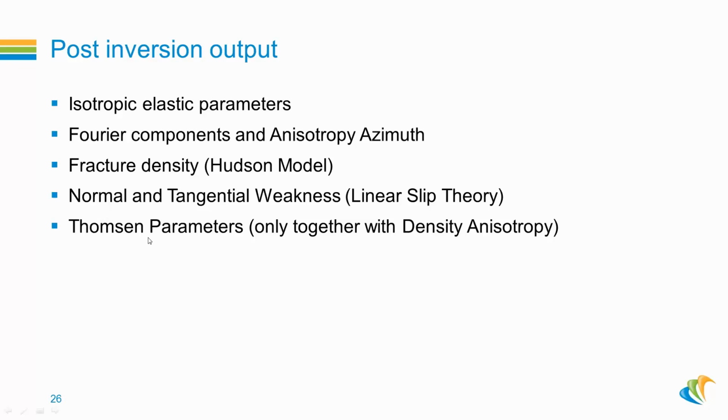You could even output the Thomsen parameters, but as I already mentioned, in the Fourier analysis only the R2 term is relevant in the VP/VS, and you can't reconstruct three Thomsen parameters from one equation. For that you would also have to calculate the density anisotropy, with all the issues of calculating an independent density. That is not something which will often happen. But in principle, you could back calculate the Thomsen parameters if you had all the anisotropy information.